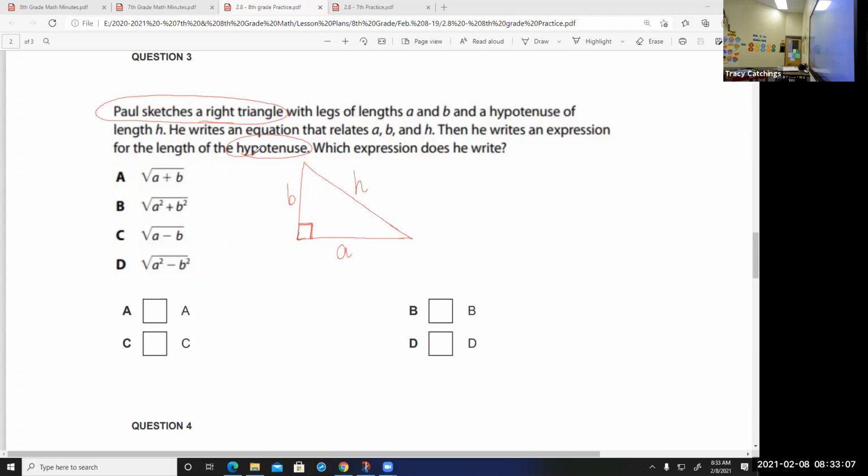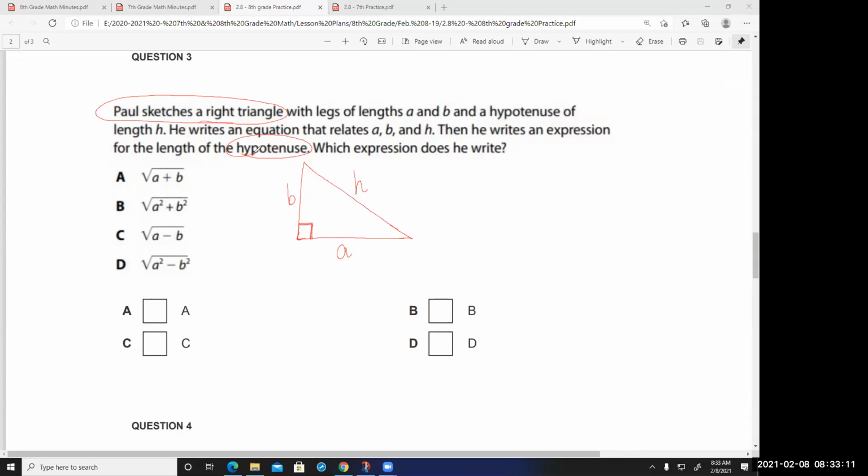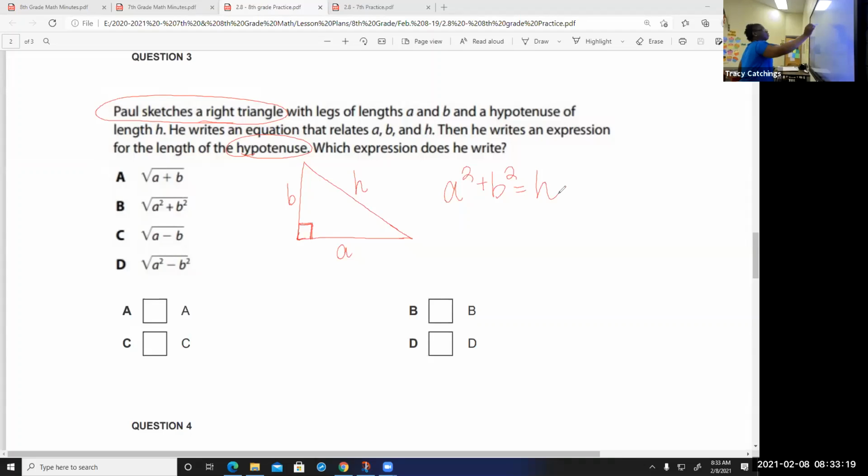Looking at that model, how can we write that Pythagorean theorem? A squared plus B squared equals H squared. All right, and they told us we're trying to get H by itself. Right now, H is being squared. So how can I get rid of a square to get H by itself?